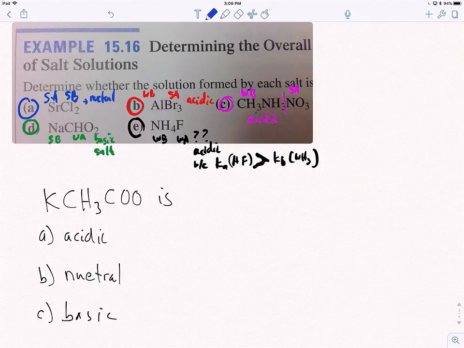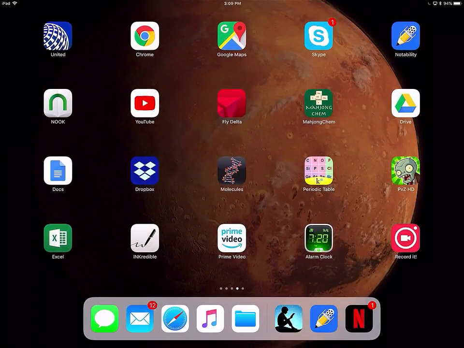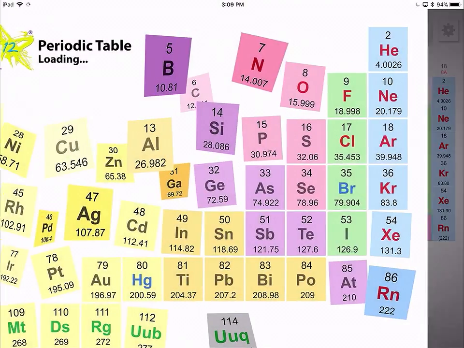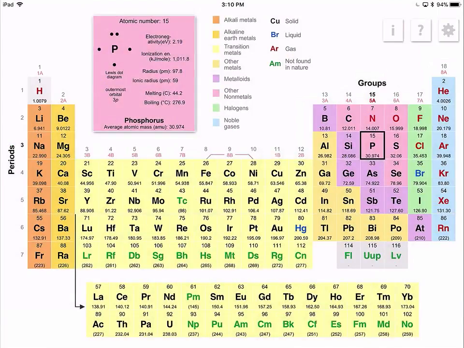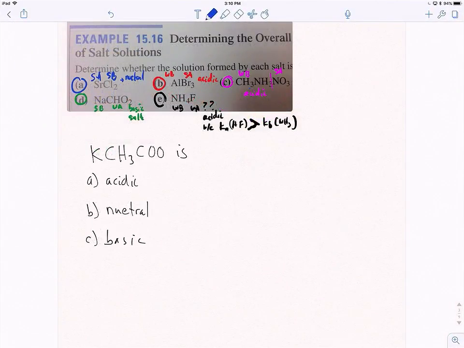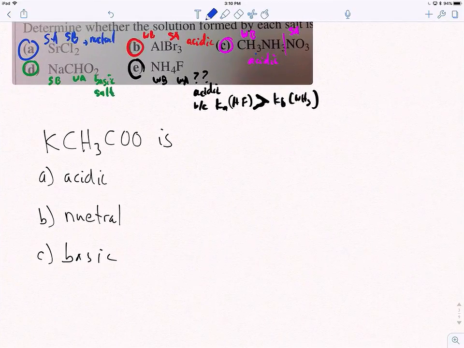Because these two columns are strong bases, far left on the periodic table. So the potassium indicates then this is a strong base.